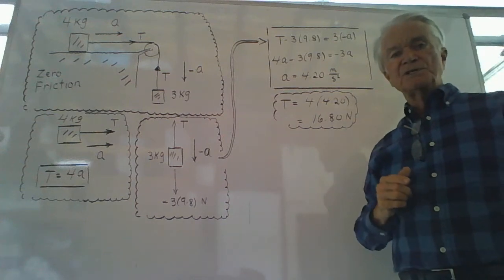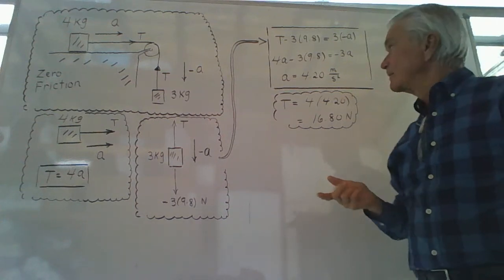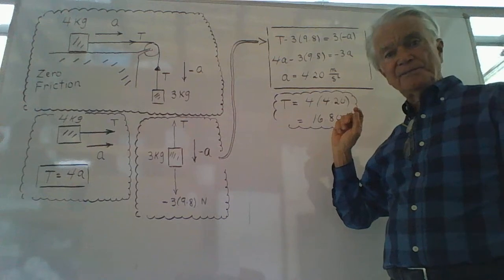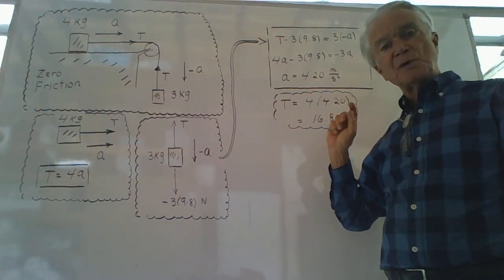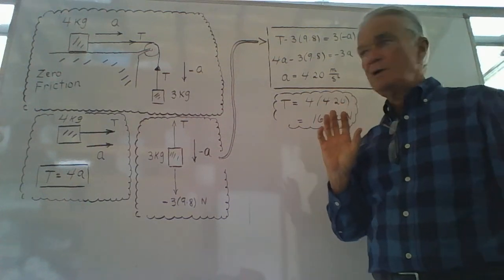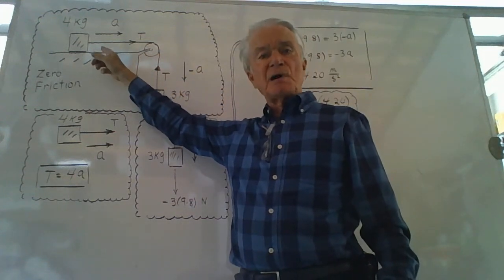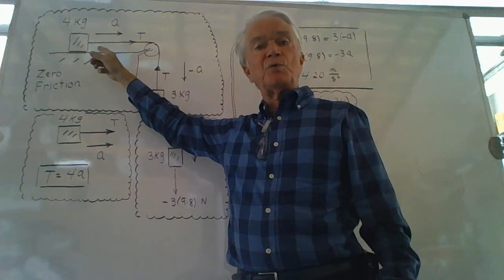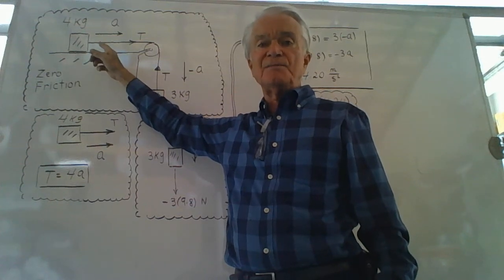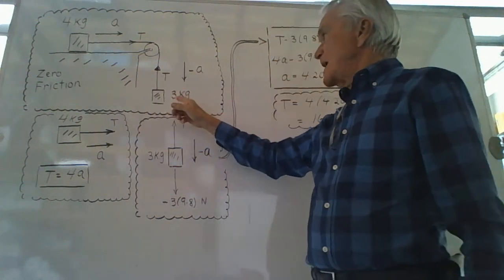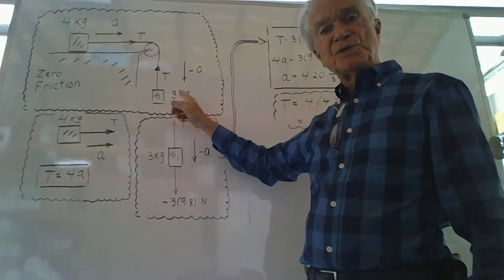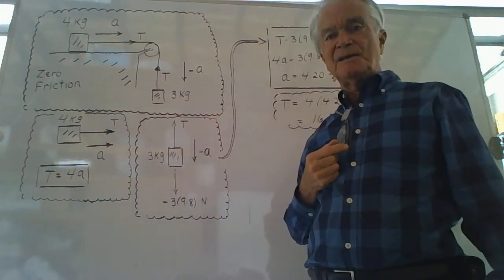Final result for the acceleration, the value of a, is 4.2 meters per second squared. So far, what do we know? We know that the block on the tabletop is accelerating to the right with an acceleration of 4.20 meters per second squared, a positive number. The hanging block is accelerating downward with the same number, but a negative sign.